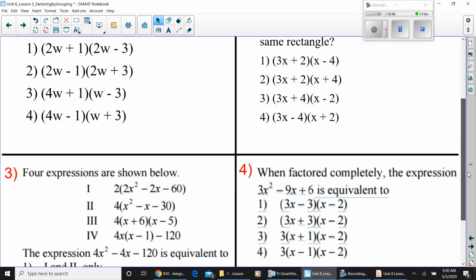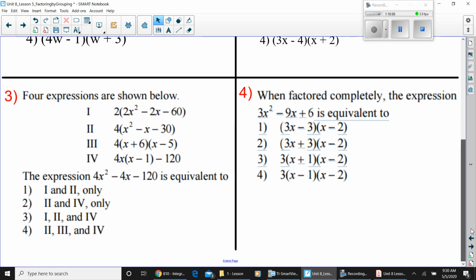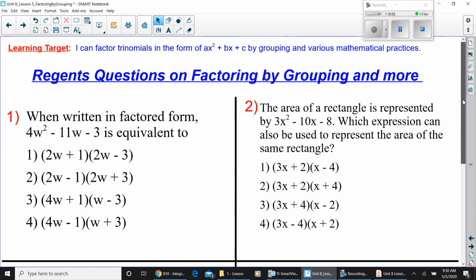All right, Regents questions that you should really focus on, definitely listen. There's a couple of different ways that you could do these. Since you have multiple choice, you could just go ahead and use distributive property.